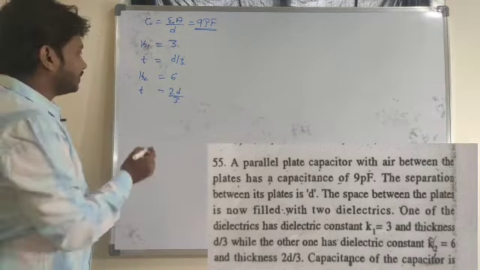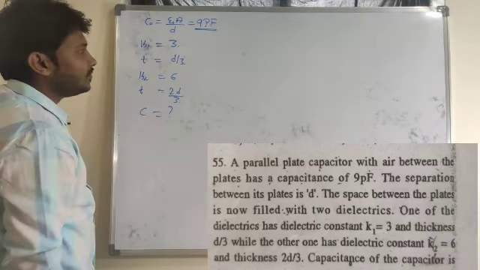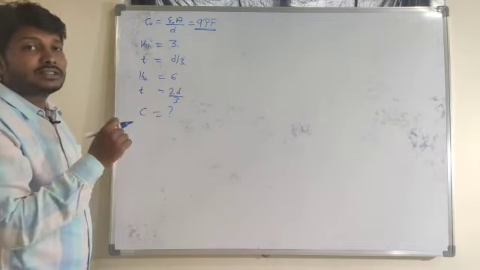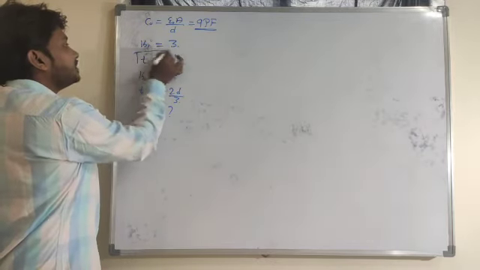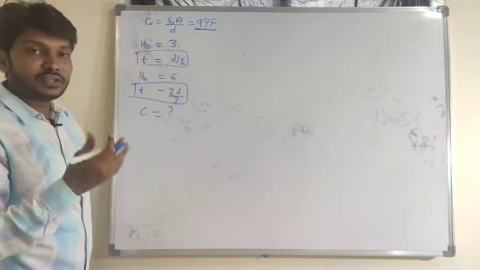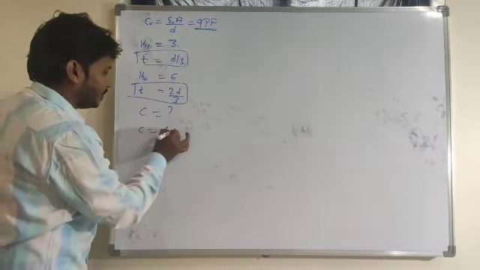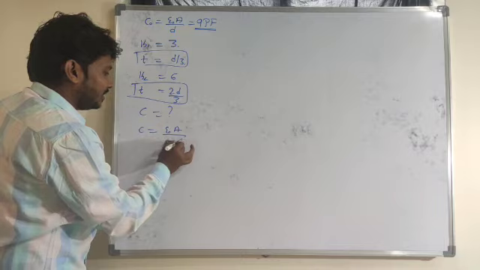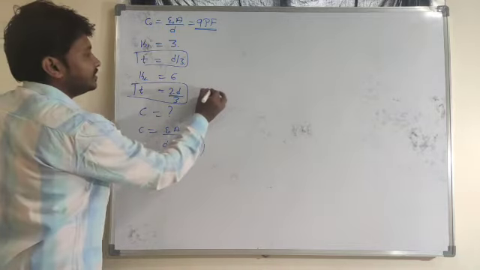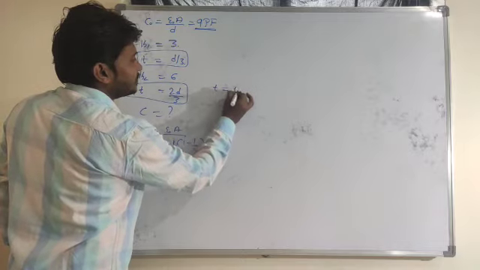Now the capacitance of the capacitor is, so first let me look here. They mentioned two different dielectrics and the thickness of the dielectric medium. If the dielectric medium is partially filled, I have the formula epsilon naught into A divided by d minus t into 1 minus 1 by K. Before that, what about the total thickness?